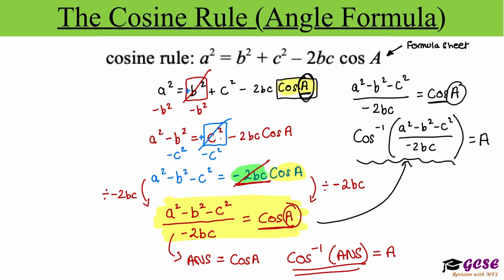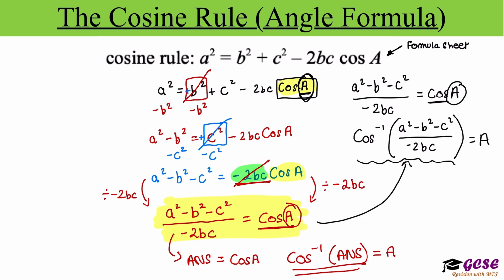To get rid of the c squared, we subtracted c squared from both sides, and the negative 2bc is being multiplied to cos A. So to get rid of it, we did the opposite of it, which means we divided by negative 2bc, and we divided everything on the other side by negative 2bc, so we're left with just cos A.